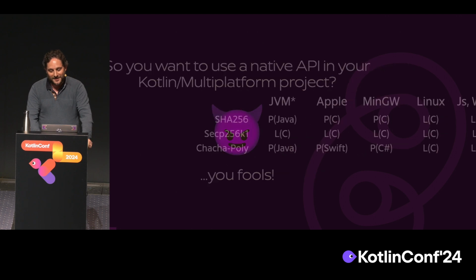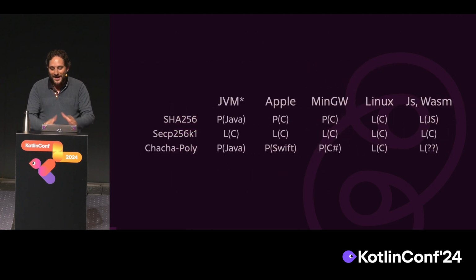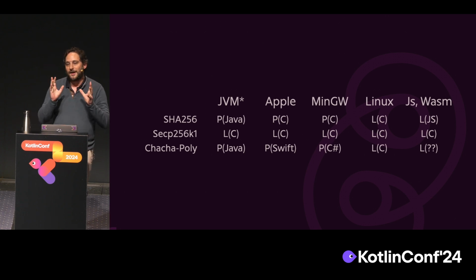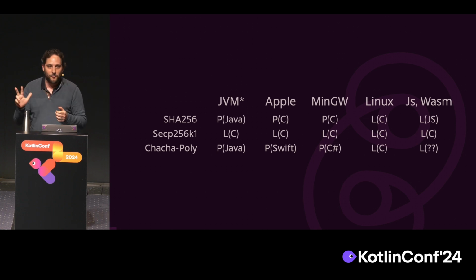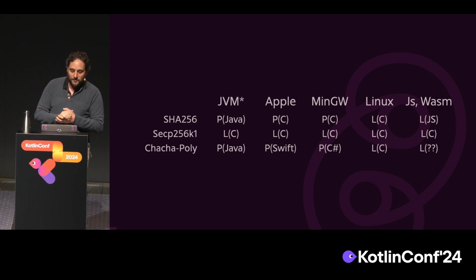For this presentation, I'm going to try and make SHA-256, SecP256K1, and ChaChaPoly work in Kotlin Multiplatform. These are three crypto primitives that are used in the cryptography world. SHA-256 is a hashing function that's very well known and very used.